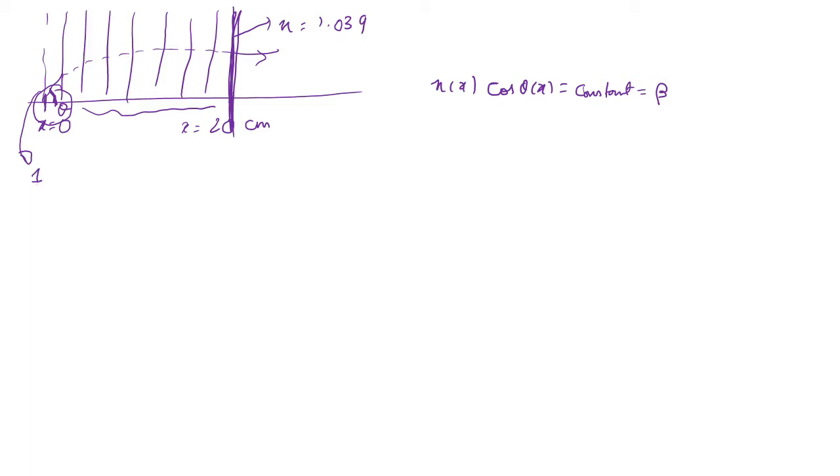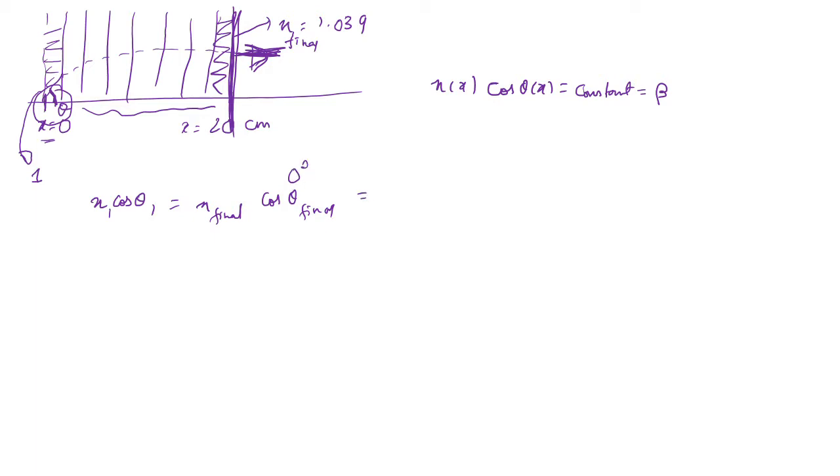Then it becomes easy, because here n cosine theta, let's call this n1 cosine theta 1 in this slice, should be equal to, let's call this n final, the final slice, n final cosine theta final. I want light to be coming out horizontally here, so I want it to come out at 0 degrees, so this is cosine 0 degrees.